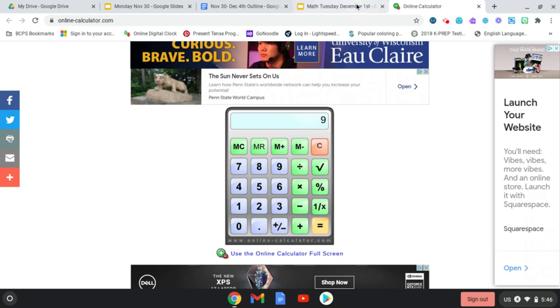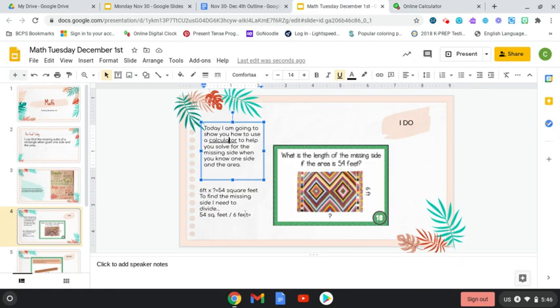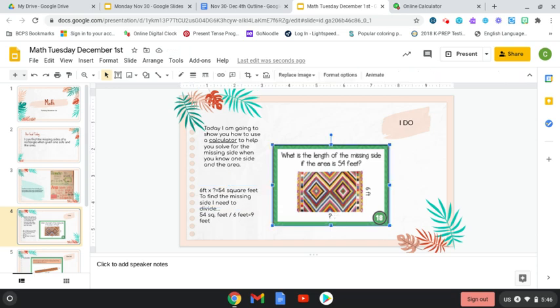So 54 square feet divided by 6 feet is 9 feet. What that means is that this missing side is actually 9 feet long.